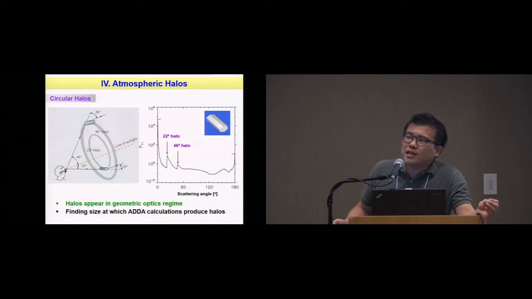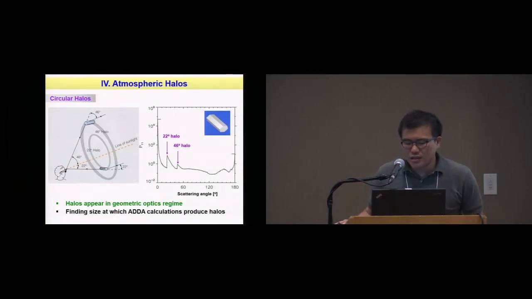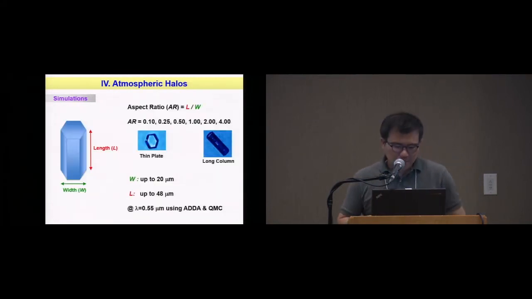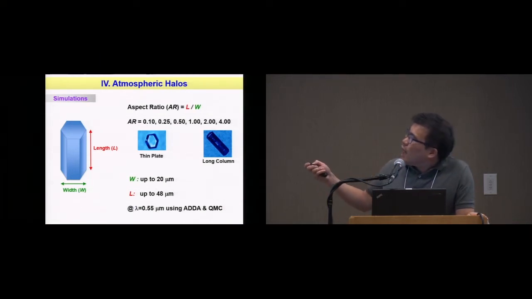Halos appear when ice crystals are very large, so finding the size at which this ADDA simulation produces a halo is the threshold size we want to find. For this simulation, we define the columns with length and width, and the aspect ratio is the ratio between length and width.